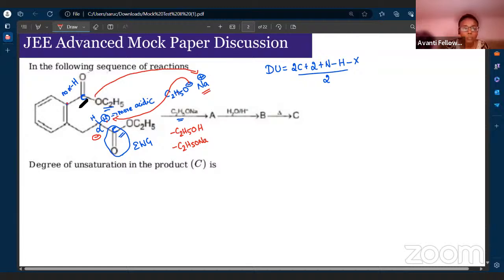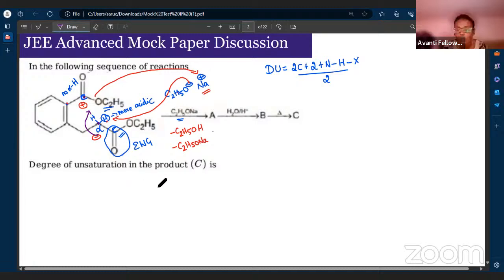Now the charge on this carbon will be positive. This positive and this negative will combine to form a bond. Or I can say that the electron over here will move to make a bond between these two carbons. Clear with the step?